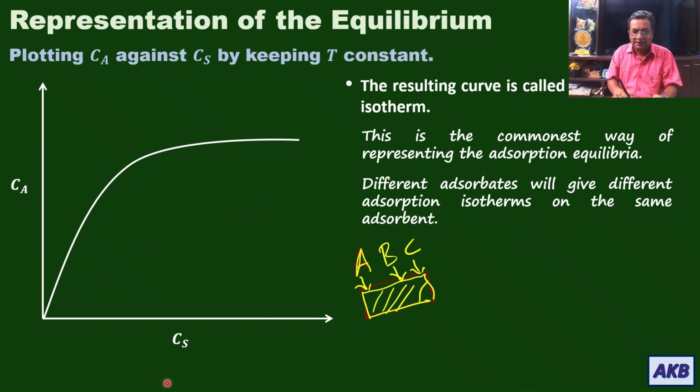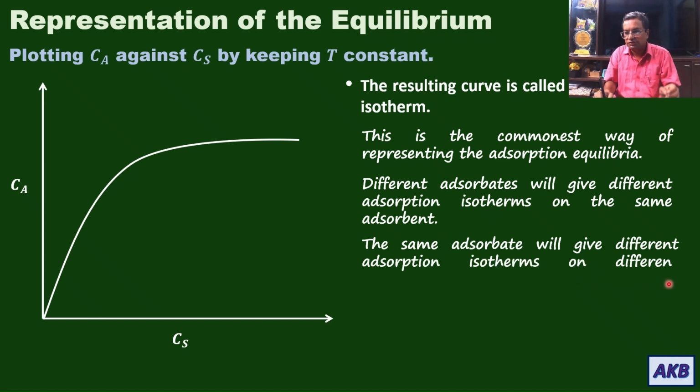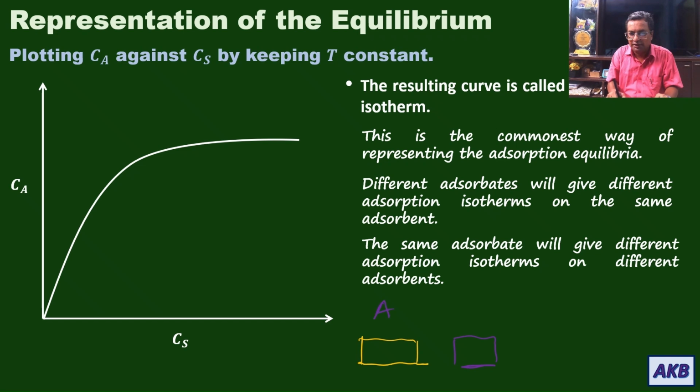The other thing is, the same adsorbate will give different adsorption isotherms on different adsorbents. For example, I have one adsorbent and then another adsorbent, and I am trying to study adsorption of A on this and adsorption of A on that.